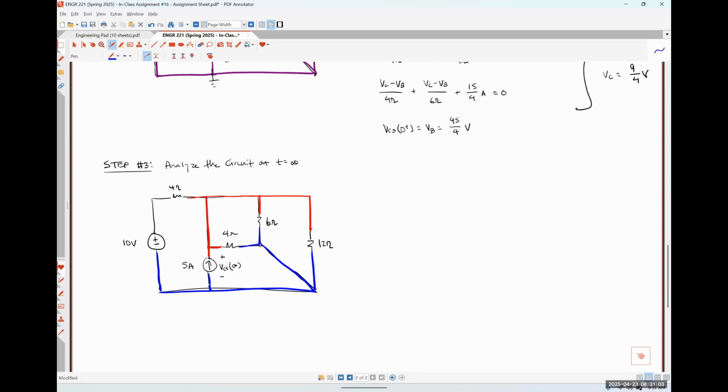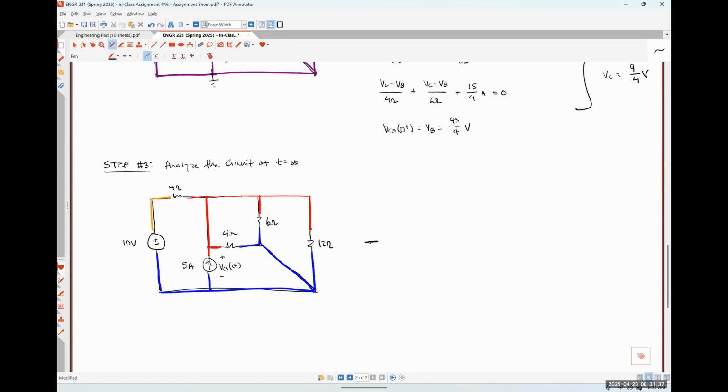So he is indeed correct that those resistors are connected in parallel. So we could notice that we have the 4, the 6, and the 12 between the red and the blue. And we also have our 5-amp current source between the red and the blue. And let me just make this one orange or something like that.